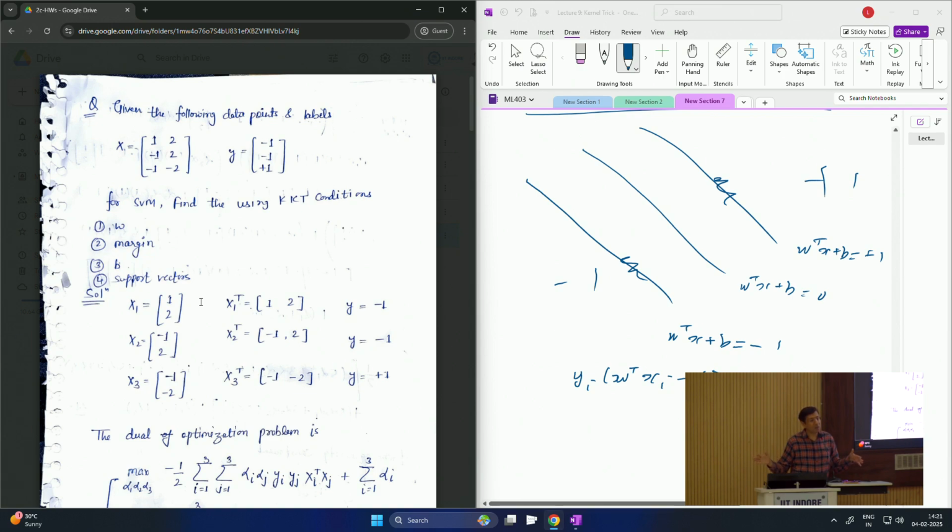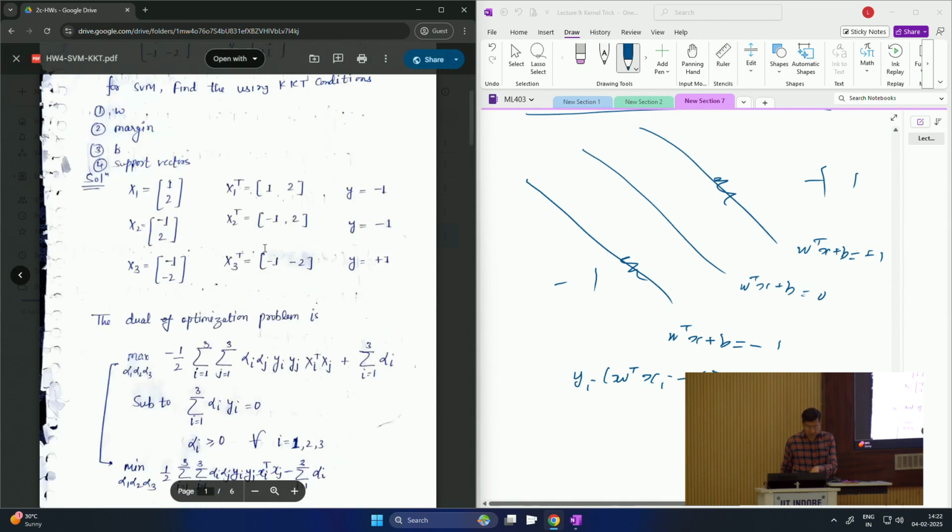Imagine having 10, how much algebra will you work out? Of course, the program will do this for you, the quadratic program which you will solve, which is covered in the optimization course, but underneath it will do something. So it will probably apply the KKT conditions.